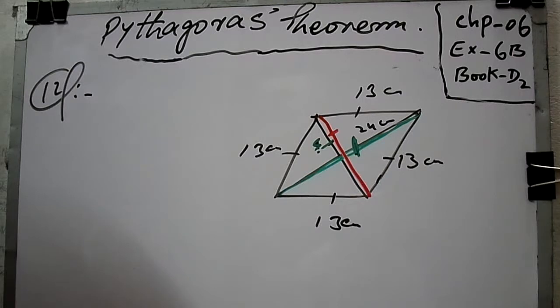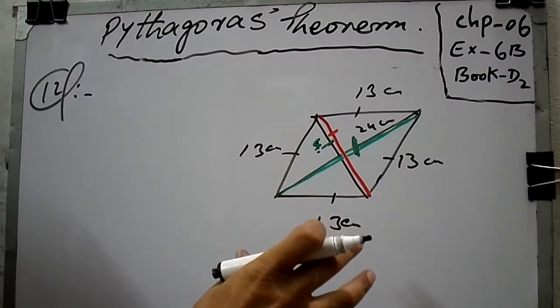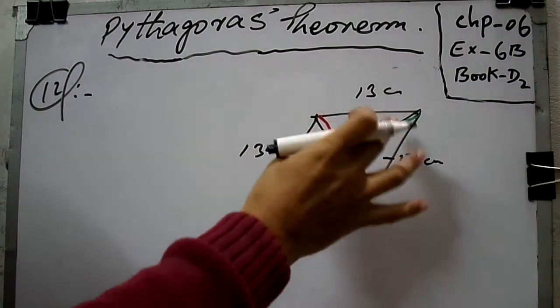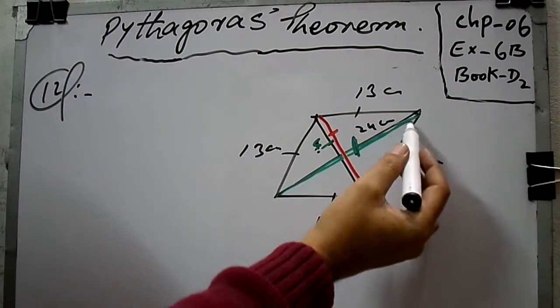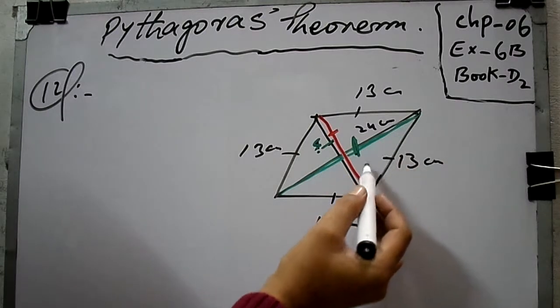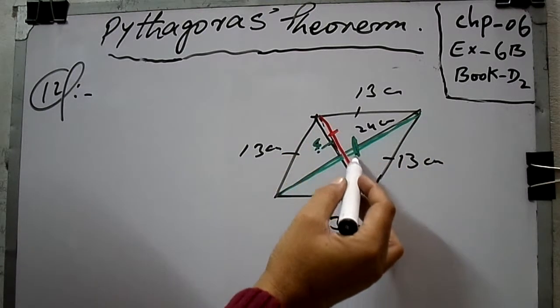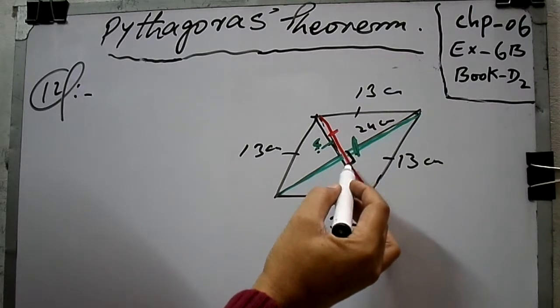First of all, you can take any small triangle from it. For example, here you can see in this diagram. If you take this triangle, it should be noted that the rhombus diagonals, as we discussed in an earlier question, always form a 90 degree angle.